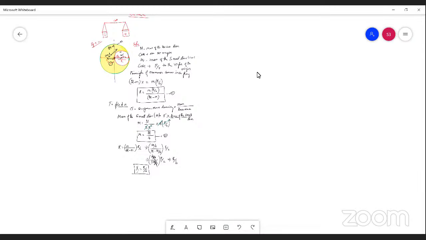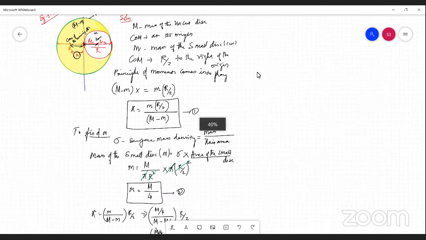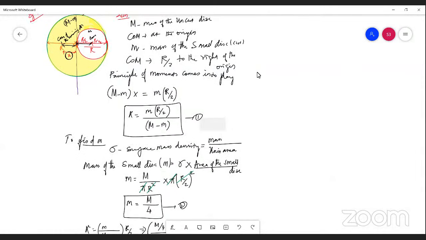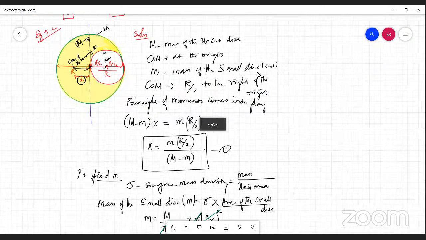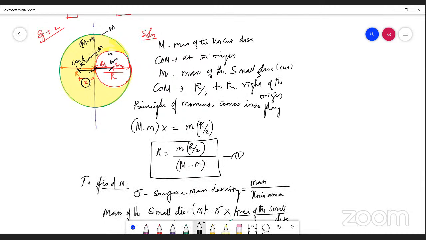I can show it here that this x is equal to R by 6, which indicates that this distance of center of mass from the origin is at a distance of R by 6.